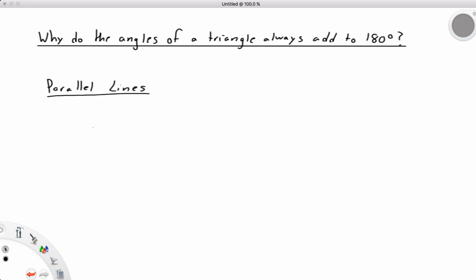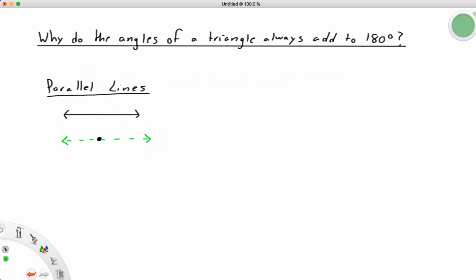The first is that if we have a line and we look at some other point that does not go through our line, so say this point here, and it could be any point, but it does not run through the line that we already have, there is at most one unique line that will run through this point and also be parallel to the one that we already have.